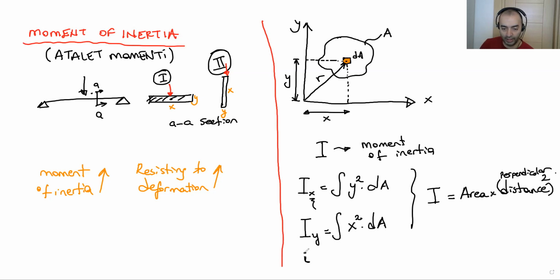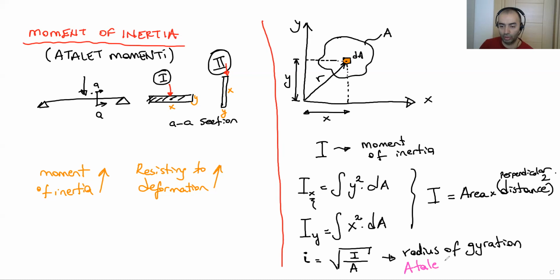The small i is the square root of the moment of inertia over area. What is this? Radius. Let me write the Turkish form. It's atalet yarıçapı. Okay. This is in Turkish atalet yarıçapı.